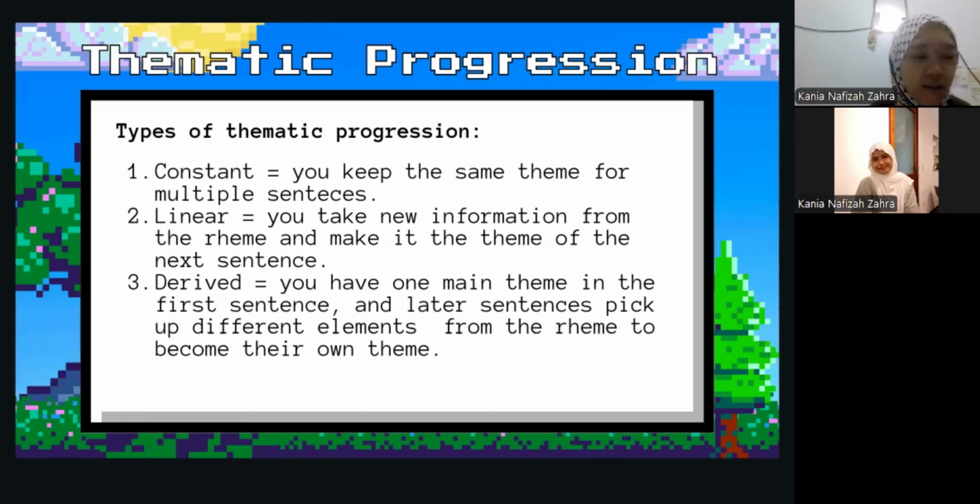Okay, the third one is derived. In this type, you have one main theme in the first sentence, and later sentences pick up different elements from the rheme to become their own theme. Okay, before you get stressed, let's go see the example.